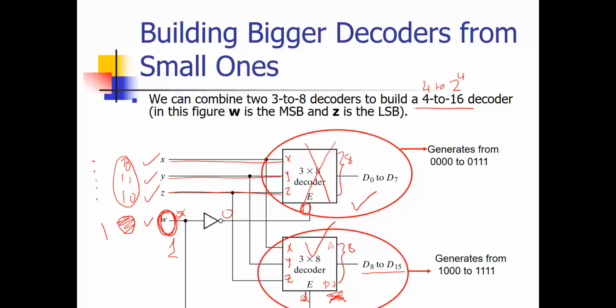So by using this enable line, I was able to build a larger decoder using smaller decoders. Okay, all right.